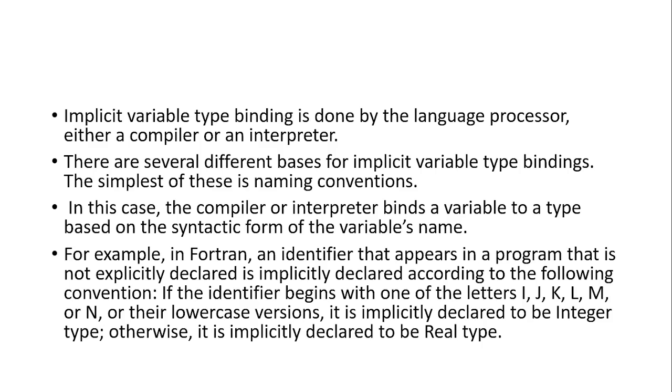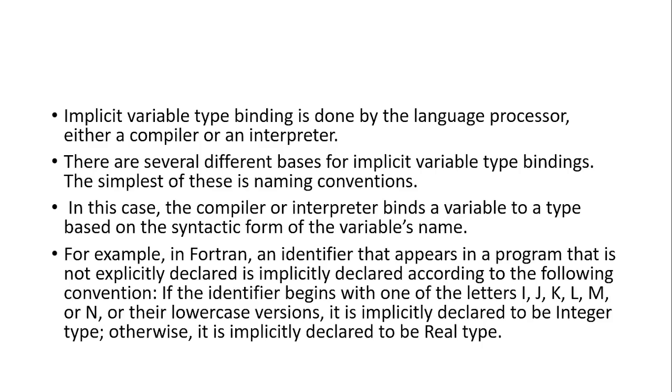Implicit variable type binding is done by the language processor, either a compiler or an interpreter. Whenever it sees a variable with some value, it will bind this particular variable with a type.